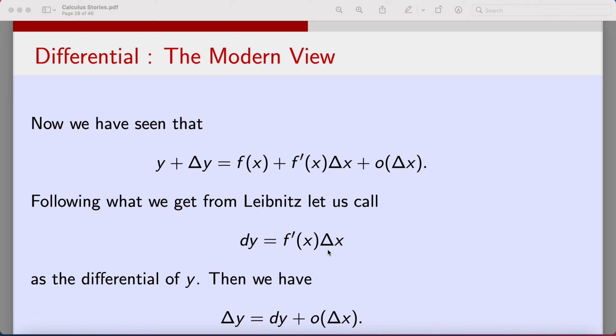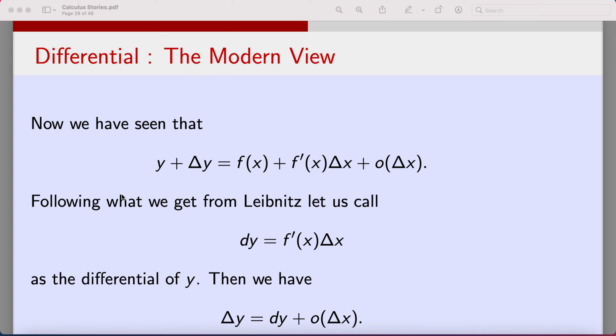So Leibniz was writing delta x as dx. He didn't bother about anything else. So we already know from our expression that y plus del y, which is nothing but f of x plus del x, is f of x plus f dash x into del x plus small o of del x. This is what we know is the definition of the derivative.